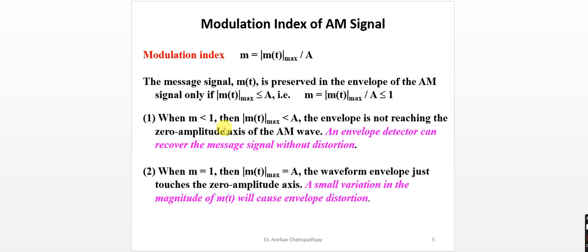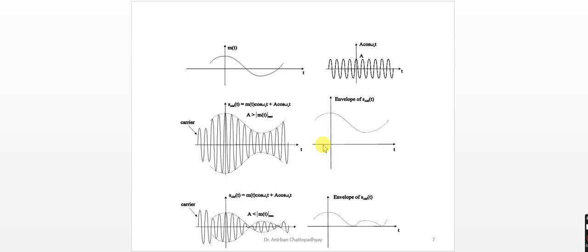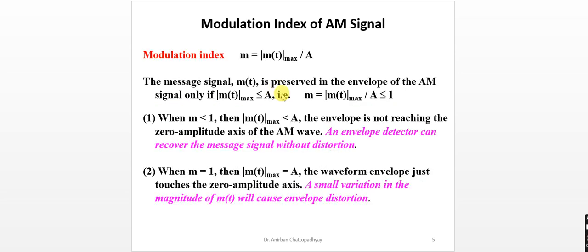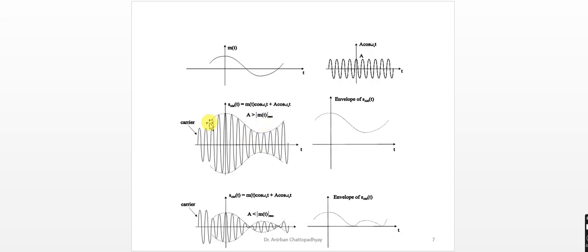Remember, when m is less than 1, the amplitude of the message signal is less than the amplitude of the carrier signal, then the AM envelope, which I have already defined in previous classes, cannot touch the axis. When A is greater than m(t) max, the envelope A plus m(t) does not reach the zero amplitude axis.